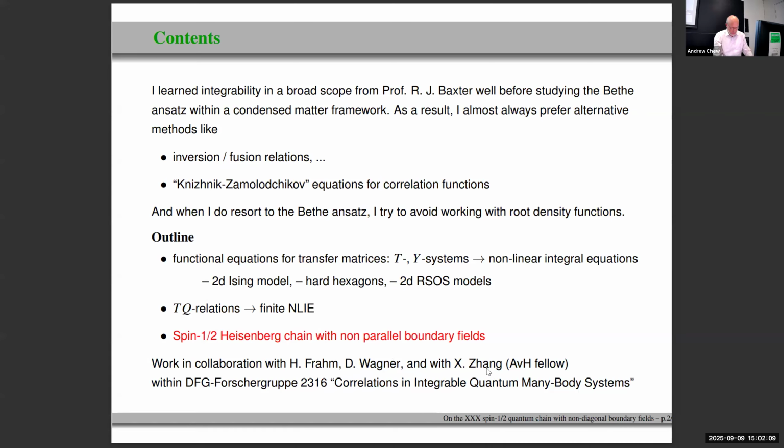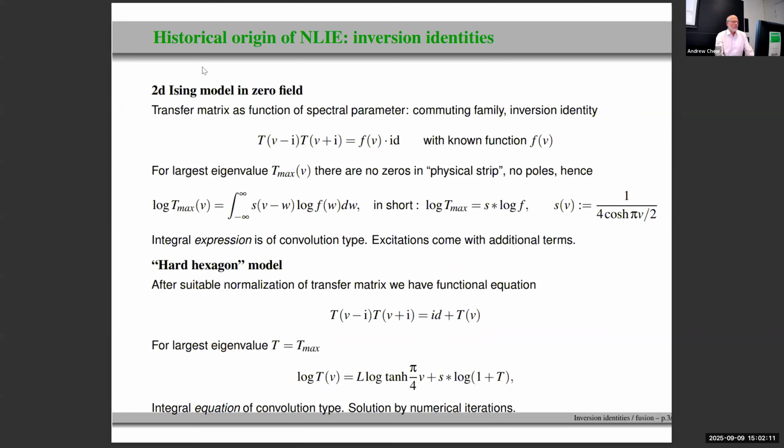And here it comes: inversion identities. For the 2D Ising model in zero magnetic field, and Tony Guttmann already talked about this, the transfer matrix satisfies equations like T(v minus i) times T(v plus i) is equal to something, not terribly complicated, actually a known function f times the identity operator.